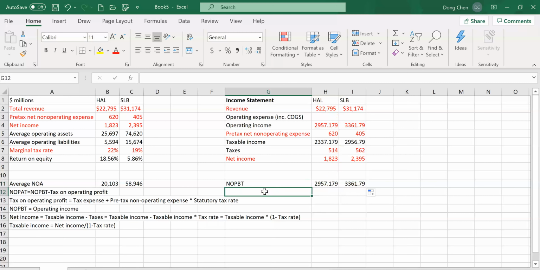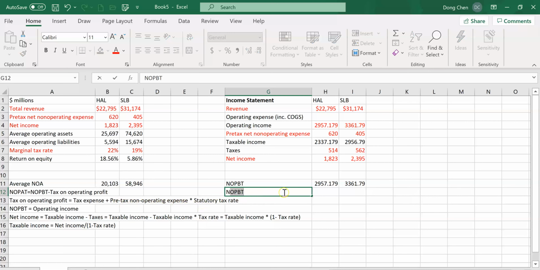Now taxes and pre-tax net non-operating expense are available, so we can use this formula. NOPAT is NOPBT, operating income here, minus tax on operating profit. And the tax on operating profit equals tax expense plus pre-tax net non-operating expense times the statutory tax rate.